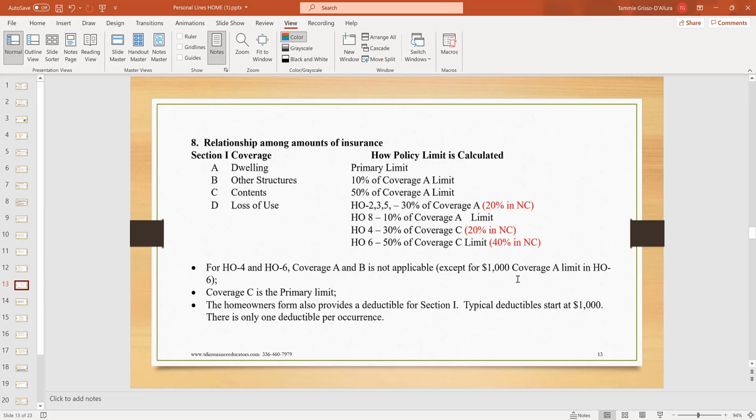So for your HO4 and HO6, coverage C is your primary limit. Now, remember, the homeowner form also provides a deductible, and your typical deductibles are $1,000, and they are per occurrence. So each time you have a loss, that deductible resets itself, and it's going to be $1,000 or more, depending on what your client chooses.